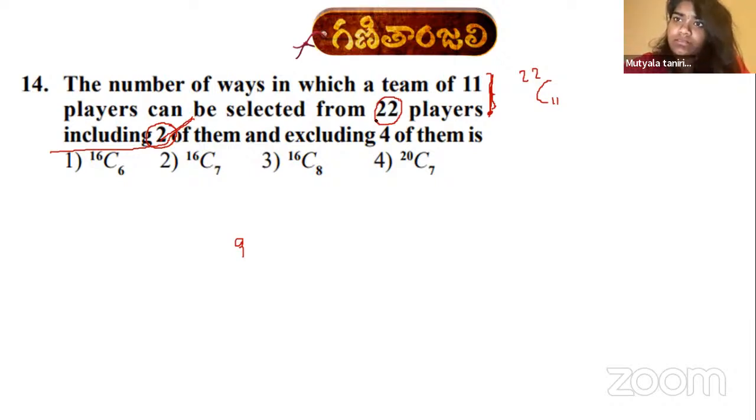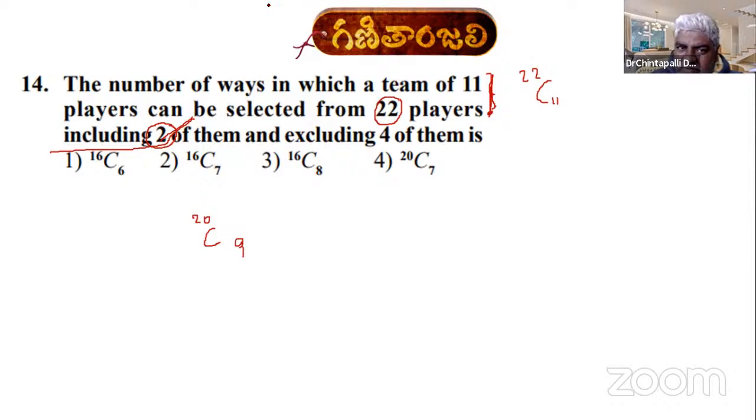So we select 9 persons out of 20 persons, because those 2 are not in the calculation. Selectors choose 9 persons out of 20 only.